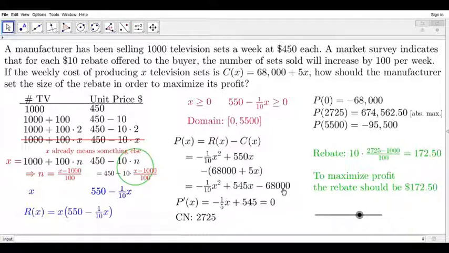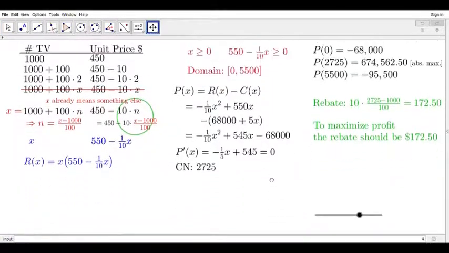But however, consider the following modification of the problem. The domain was 0 all the way to 5500. Suppose we had the following constraint.